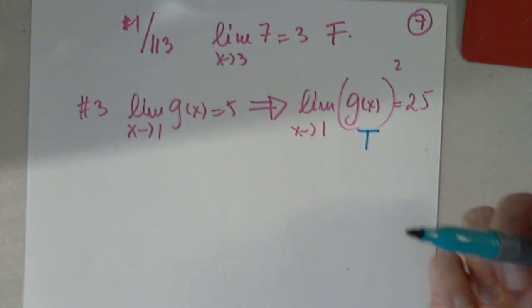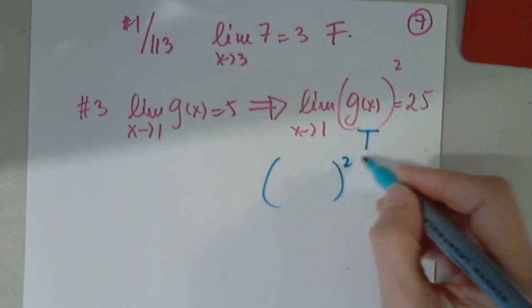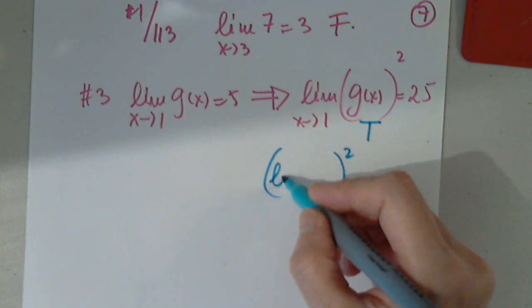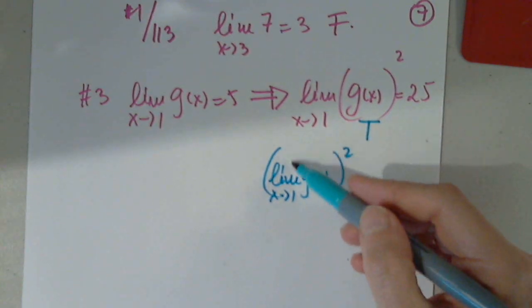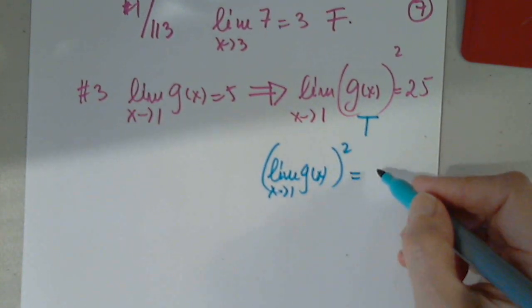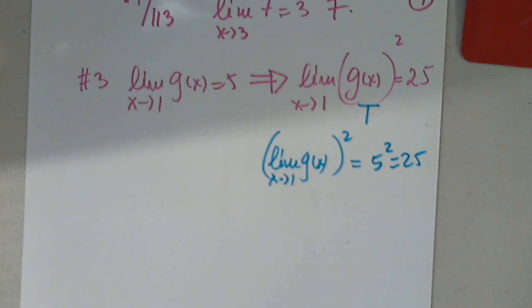Because we swap the operators, if you want to do that, to apply the limit law. So I will have the limit of g of x as x approaches 1. I know that this is 5, so then 5 squared will be 25. Very good.